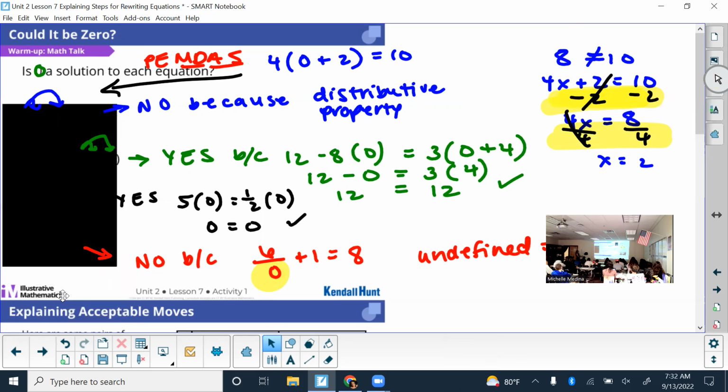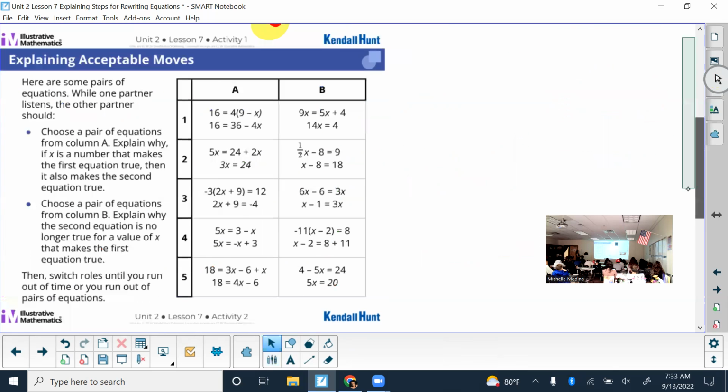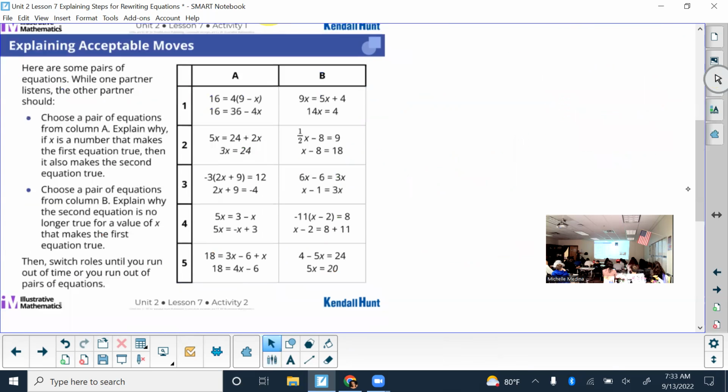So good. I'm going to scroll down now to our first activity. So with pairs or with people around you, be honest, if you want to leave and work with someone, that's fine. But in your pairs or in your trio, if you're a group of 3, you are going to explain.